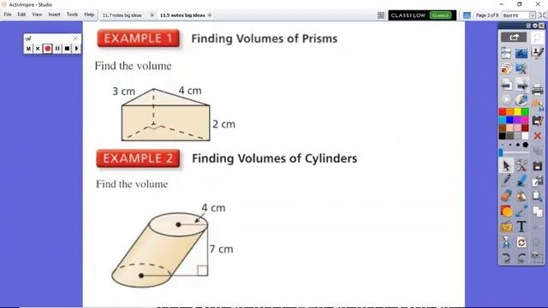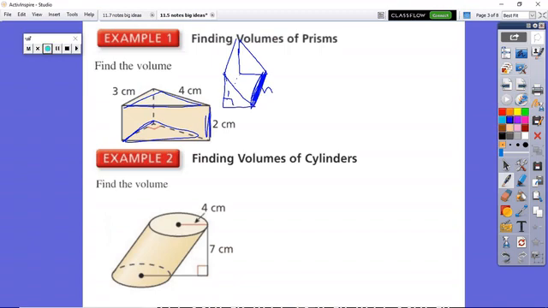All right, first one, here we have a triangular prism. And again, the base of the prism is the triangle, and you stack it up with the height. So even if this thing is positioned like this, the height is still the distance between the bases, right?